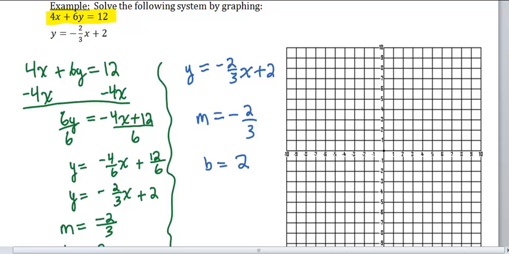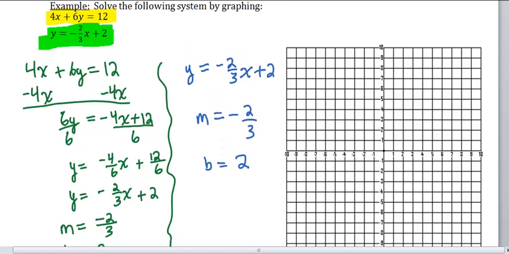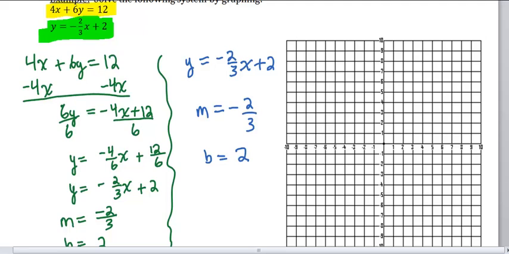If you look, both of these equations are exactly the same. They have the same slope and the same y-intercept, so when we graph it, it's going to be the same line. Although it looked like we had two separate, distinct lines in this problem, they're actually the same line, but they're given in different forms. That's why it's important to graph, so that you'll know. And let's see what happens when we actually get our solution.